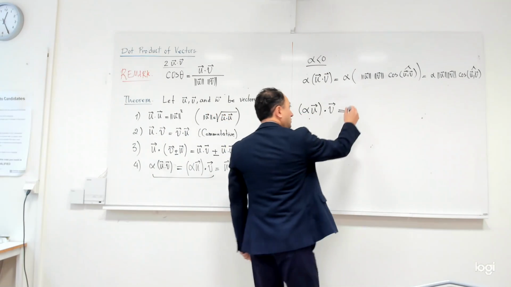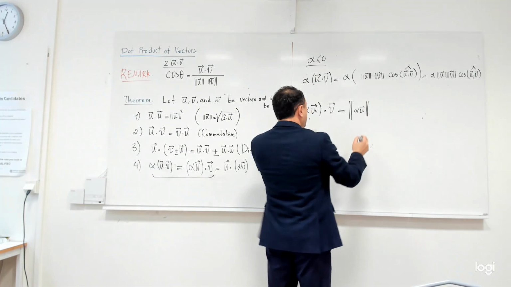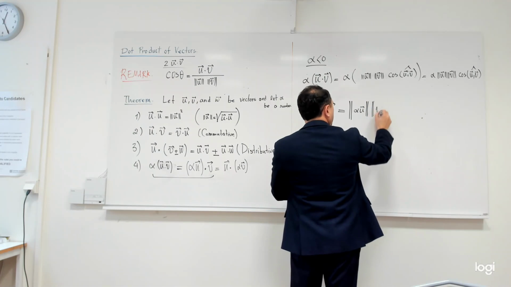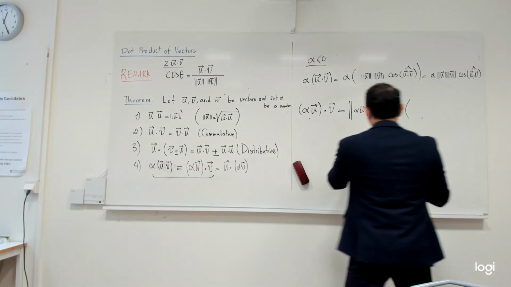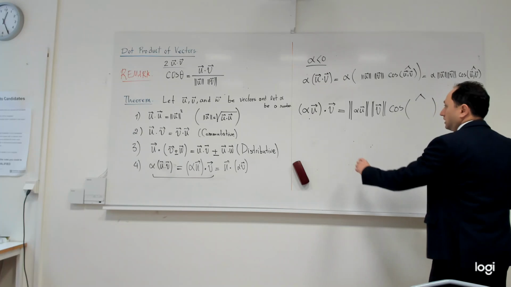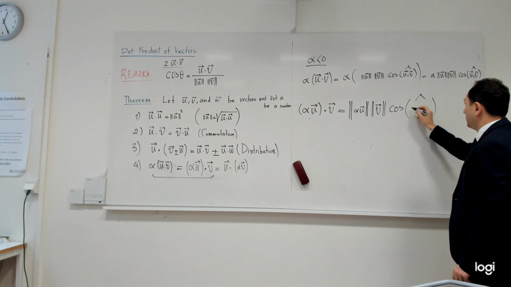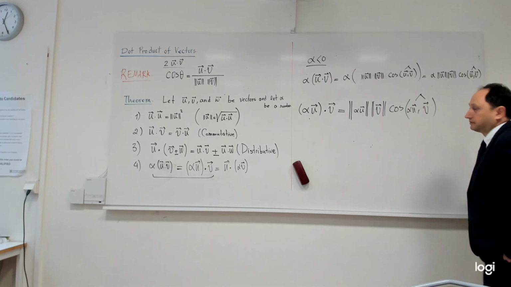So it becomes the norm of the first one multiplied by the norm of the second one, multiplied by the cosine of what? The angle between two vectors. Which vectors? Alpha u on the one hand and v on the other hand.